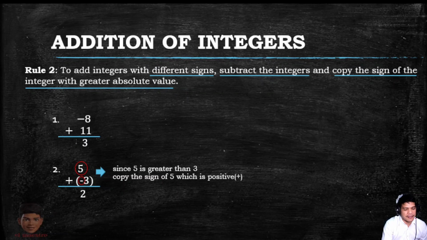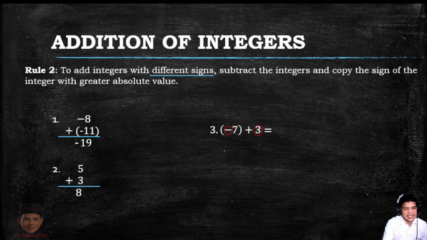Another one. Negative 7 plus 3 is equal to, again, check, that is addition with different signs, because one is negative and the other is positive. So, different signs. What does it say when the signs are different? Subtract the integers. So, that is 7 minus 3, which is equal to 4.